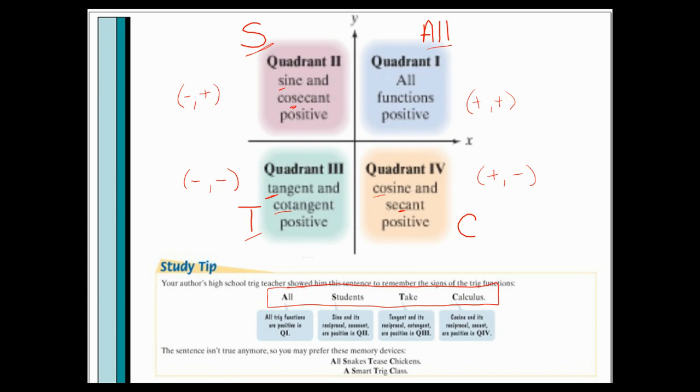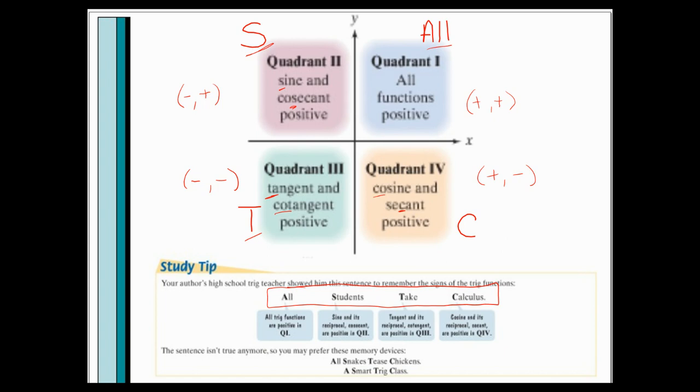Those are what go together. Now your textbook suggests some other ones, which are All Snakes Tease Chickens and A Smart Trig Class. I've also seen All Science Teachers Are Crazy. So whatever works for you to remember it, but All Students Take Calculus. All of them are positive, sine and cosecant, tangent and cotangent, and cosine and secant are positive in the fourth.